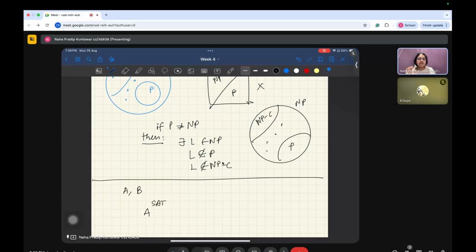What do we mean by access to a SAT oracle? It means you can ask it any queries that are inputs to satisfiability, and assume that the answers will be given to you for free. So you don't have to solve the SAT explicitly, just ask the oracle and it will magically solve it and tell you whether the formula is satisfiable or not. So that's the idea behind the Oracle Turing machines.